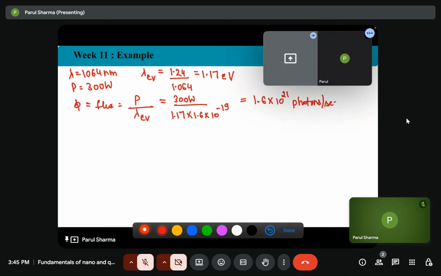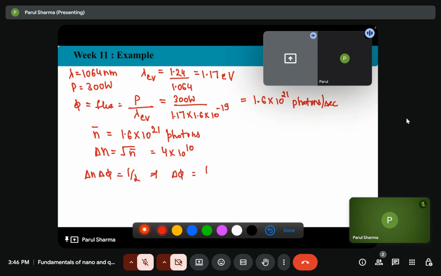And delta n is equal to square root of n bar, which is 4 into 10 raised to power 10. Now using the uncertainty relation between number and phase, delta phi into delta n is greater than or equal to 1 by 2.